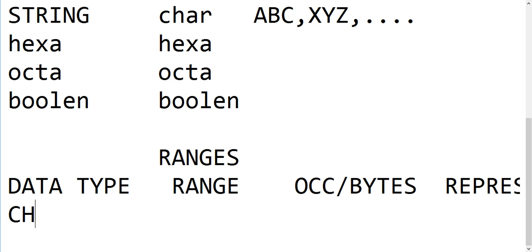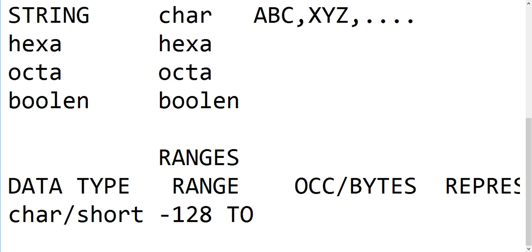It is char. We can denote character by short also. So it has some range. In a particular limit we can enter it. It is from minus 128 to 127. It occupies only one byte and represents a character.